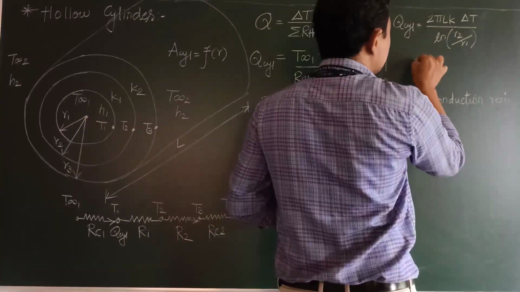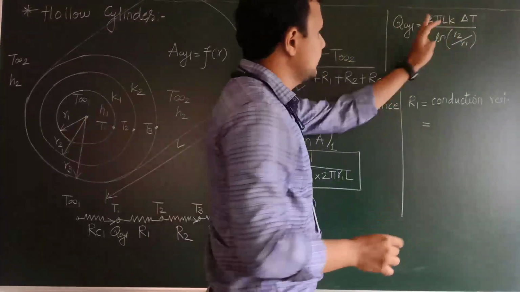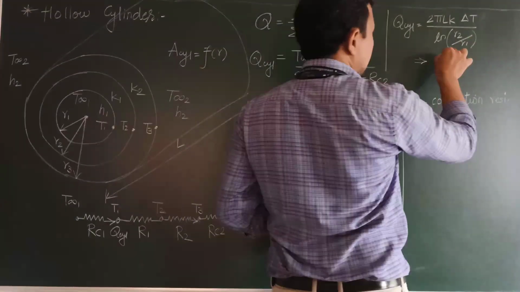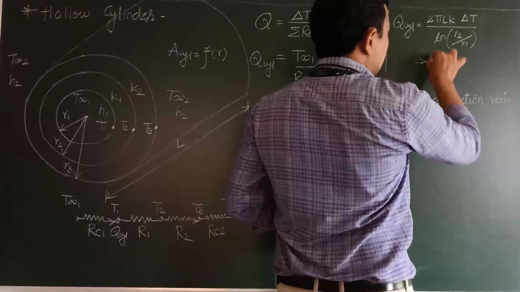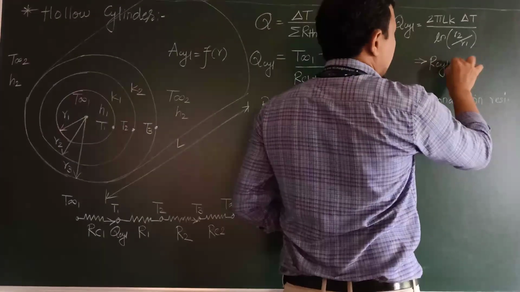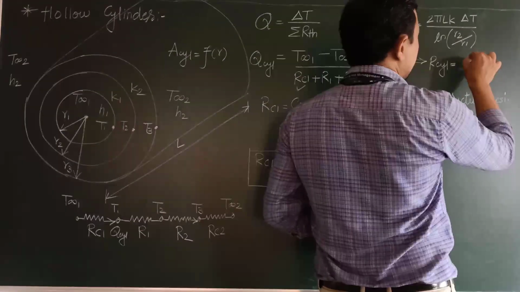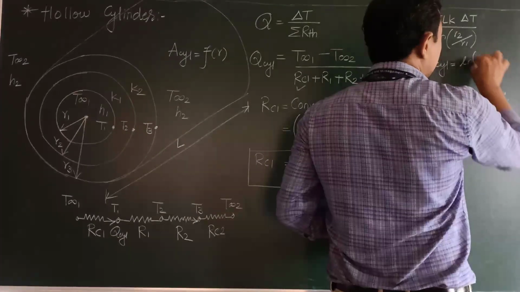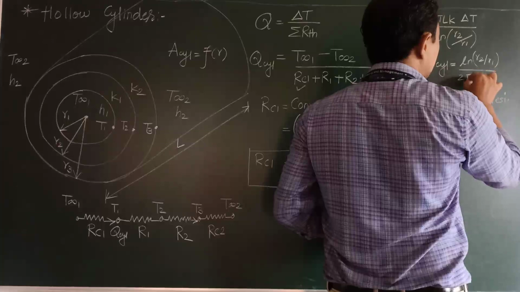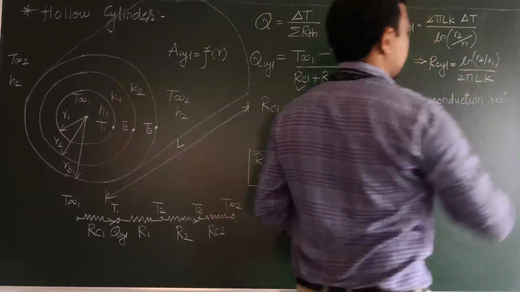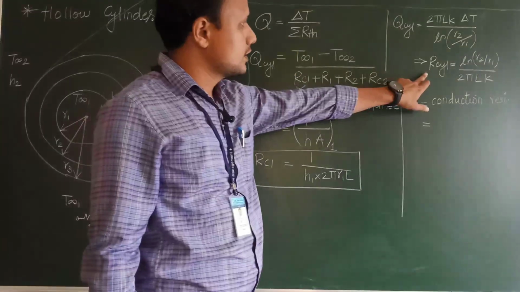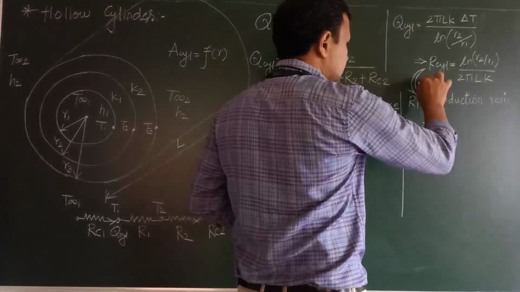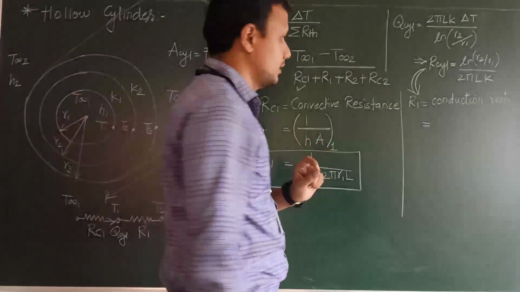So when we rearrange the entities, keeping delta T in the numerator and everything else in the denominator, what we get is thermal resistance by conduction for a cylinder, equal to ln of R2 by R1 divided by 2 pi Lk. This will be conduction resistance for a cylinder. Same physics we will apply over here. So what do we get over here?